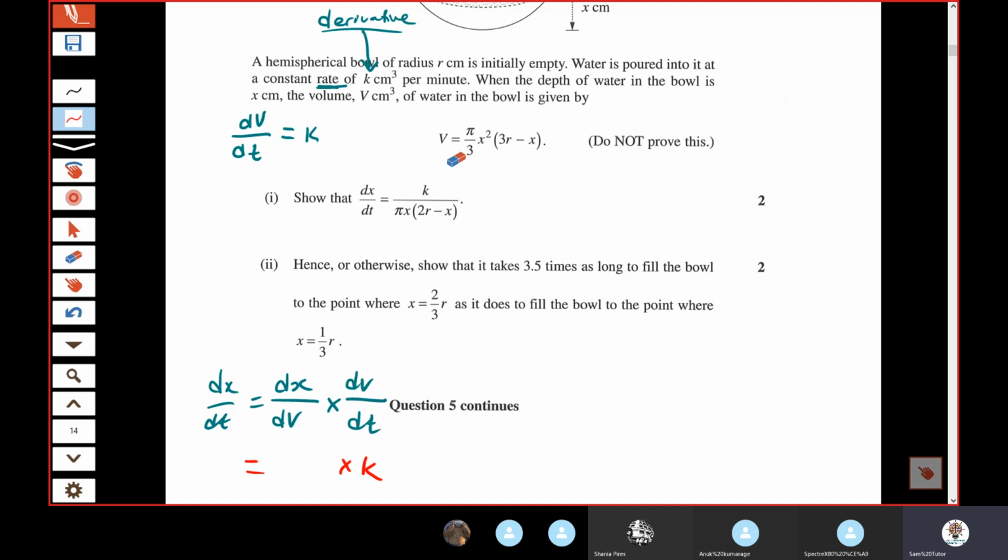You'll get dv on dx, not dx on dv, but you'll just flip it. But you've got to differentiate it. That's a relationship between v and x, volume and x. So you guys try that. Start from here and get dv on dx. It's up to you how you want to do it, but make sure you realize something.